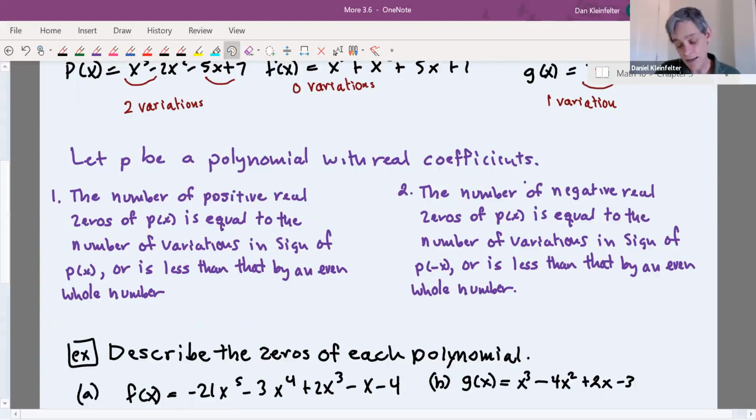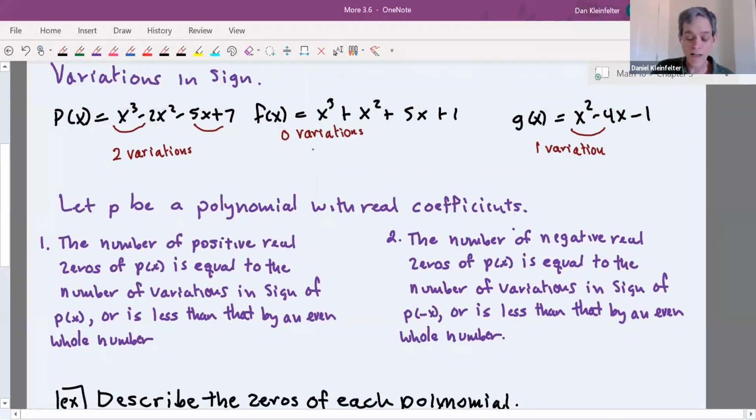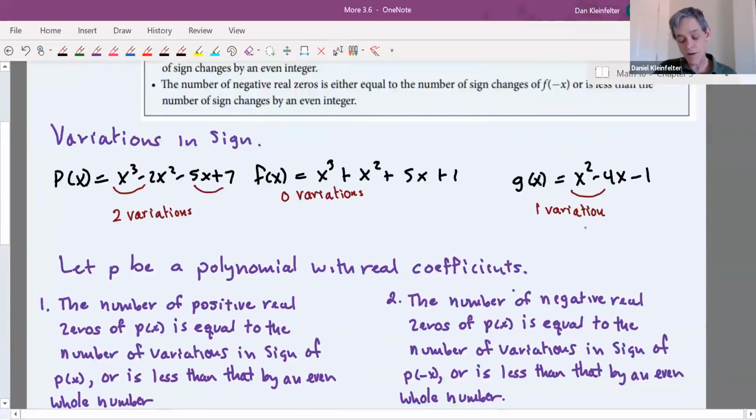So for the example we did up here, where it said two variations in sign, that would mean that there are either 2 or 0 positive zeros. For the second one, where there were 0 variations in sign, that means we know that there are no real zeros for that polynomial. For the last one, there was one variation in sign, so you're guaranteed to have one real zero there.